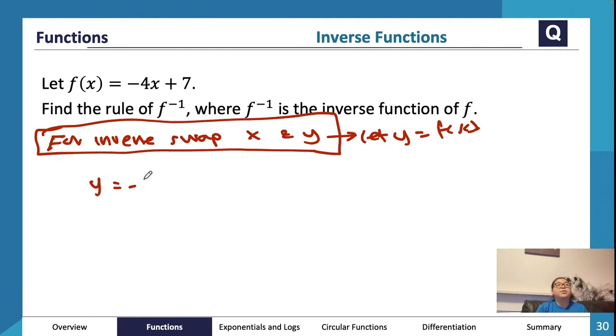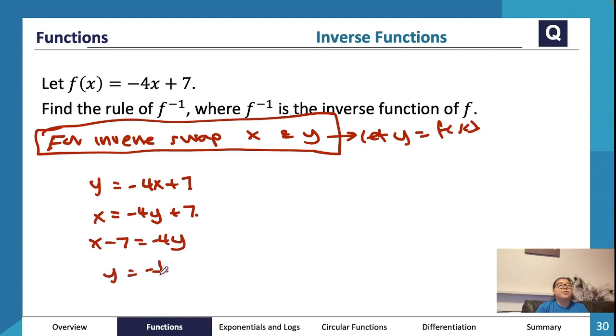We say y = -4x + 7, and then x = -4y + 7. Now, to solve, we rearrange: x - 7 = -4y, so y = -1/4 x - 7. We're not done yet, because they wanted the rule, and we've just written a random y. So we write f inverse(x) = -1/4 x - 7.